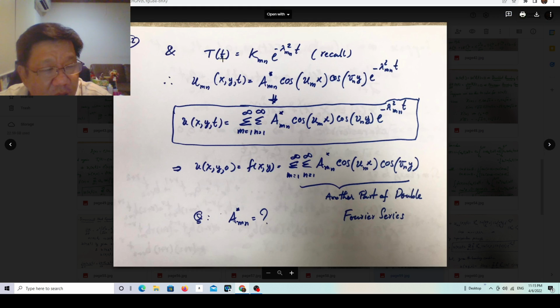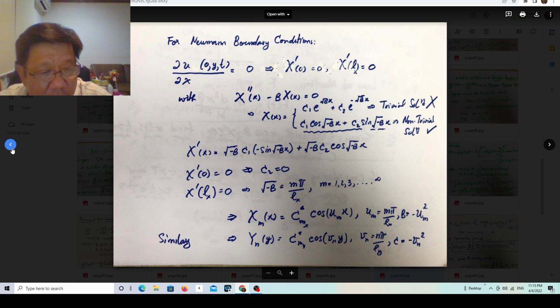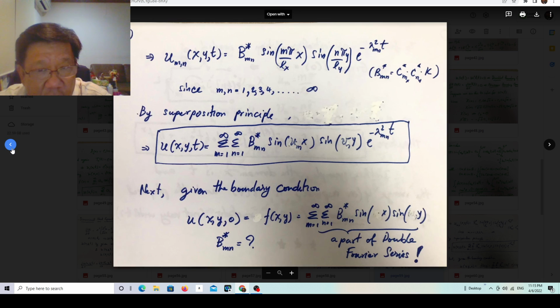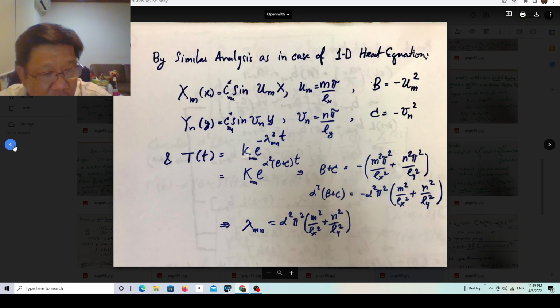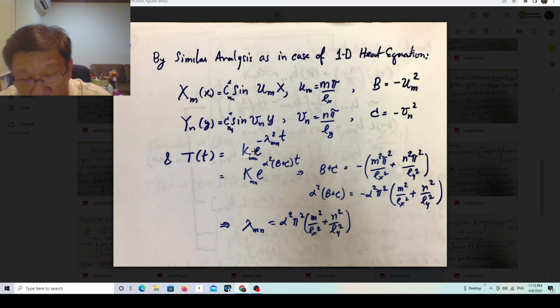T, a function of capital T based on the small t, is also a constant value times e to the minus lambda square mn t, and you might recall lambda square mn is the same as lambda mn that you find over here. Nothing changes for T because it's an exponent function.